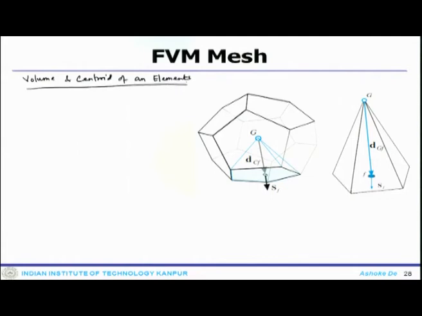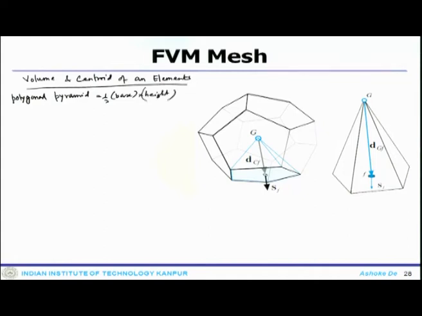So, you have a picture here. This is a polyhedral, and if we want to find out the volume of this particular polyhedral, typically a polygonal pyramid, the volume is 1/3 base into height.